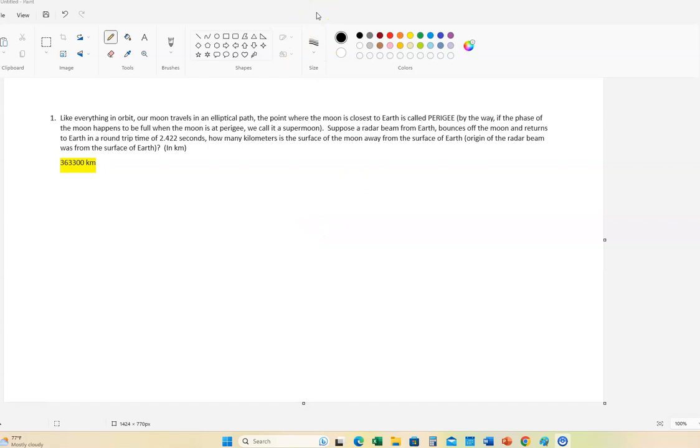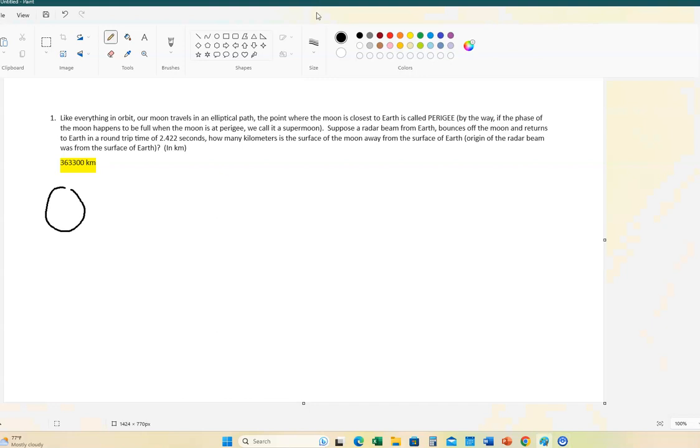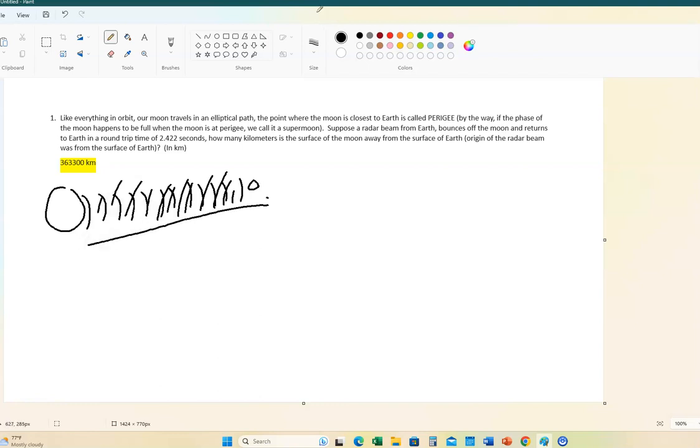I don't know if you really need a picture, but okay, so here we are. Let's say you're on the Earth, and the moon is way over here. You send a radar beam, it travels out to the moon, and then bounces back. The time it takes to go there and come back is given to us, and that's called the round trip time.